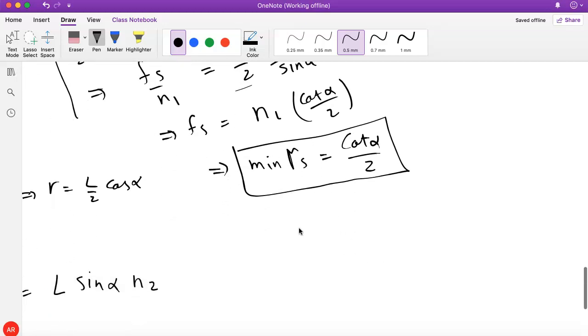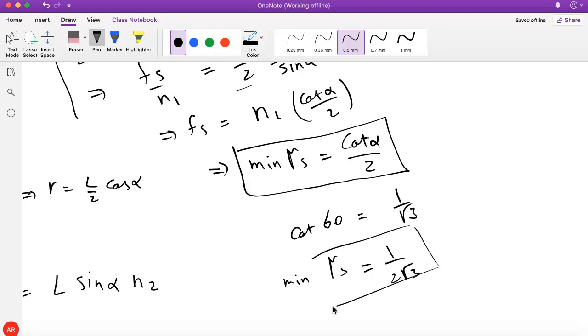So I think cotangent 60 is 1 over square root 3. Yeah, that makes sense. So therefore the minimum of mu s is equal to 1 over 2 square root 3 for this particular angle.